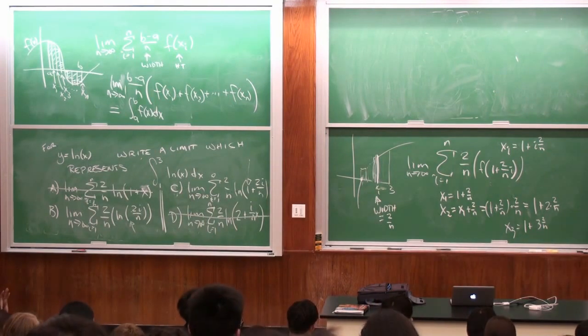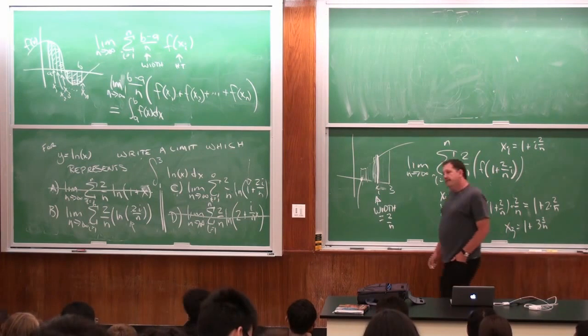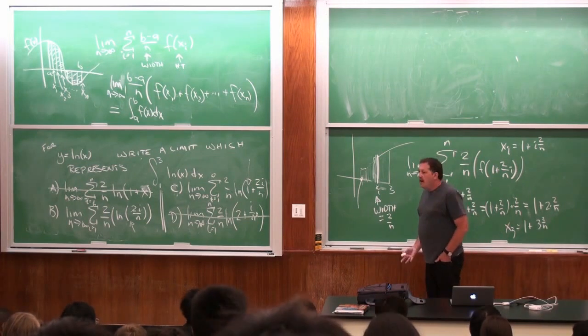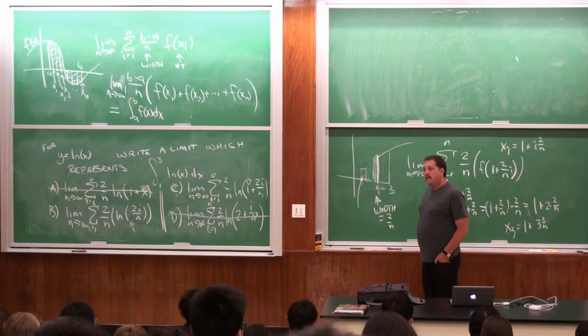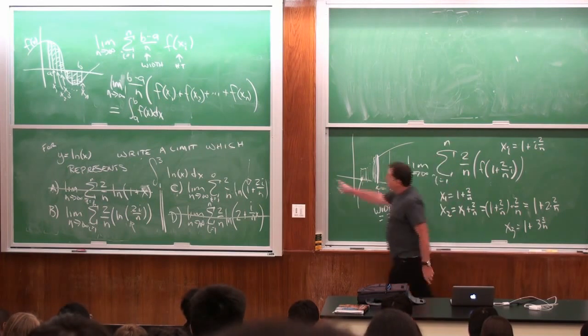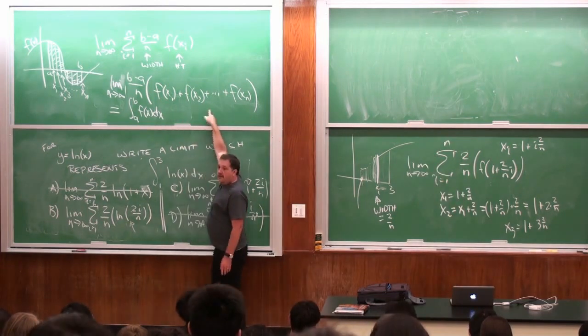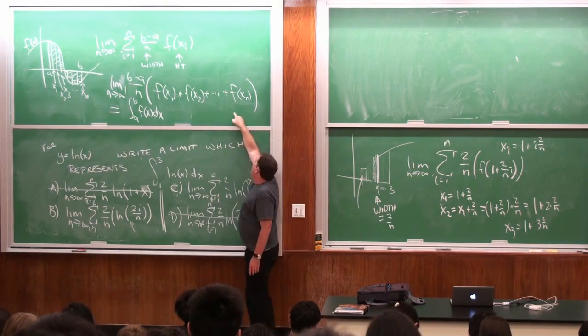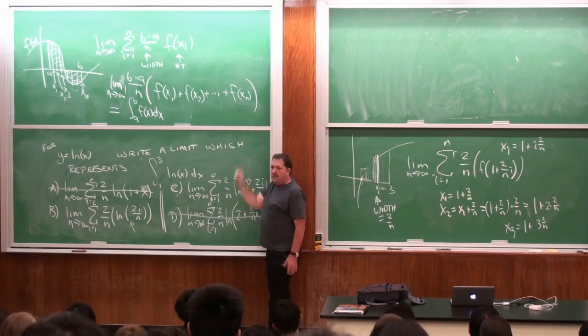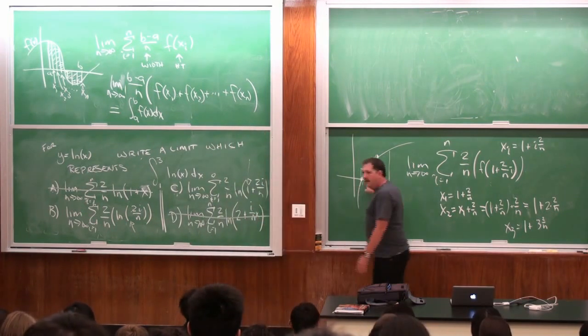There's a problem on the homework about, yeah, go ahead. It's a number between 1 and n. So here, i is 1, and then it's 2, and then 3, 4, and so on, and then it's n. So it's representing which rectangle.